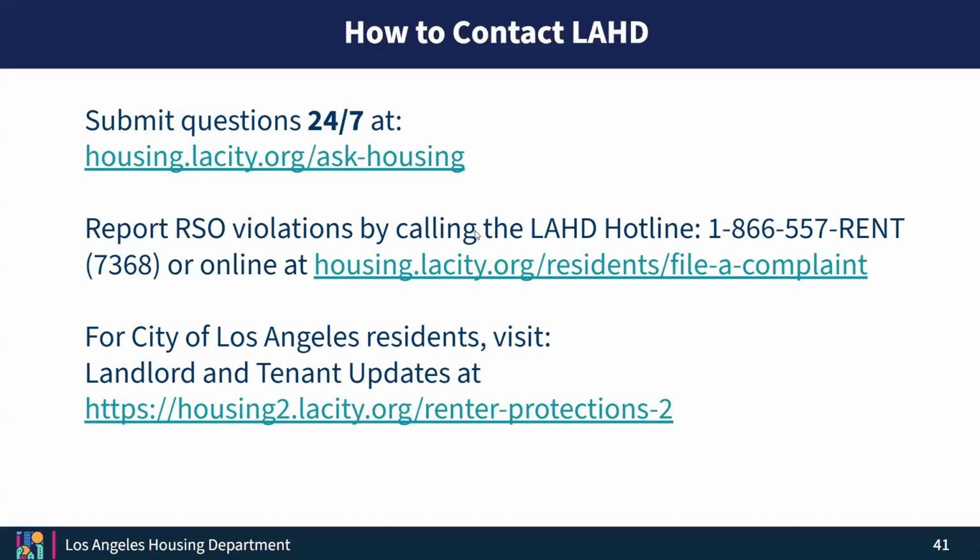You can also call the hotline or come to a front counter to file complaints. The LAHD general hotline number is 866-557-7368, same as the hotline number, and RSVP for workshops. There's also a newsletter located on the city website.